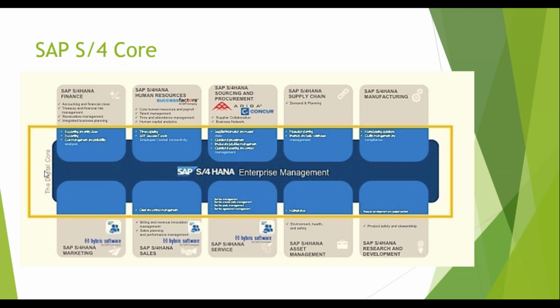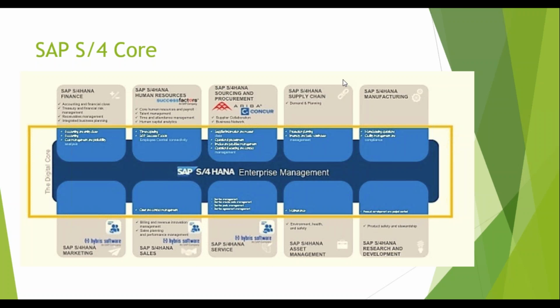So this complete picture, the core system plus these cloud-based offerings combinedly are called as SAP S4HANA system. So in some of the customers, you may find that they are only implementing SAP S4 core. In some of the other customers, you will find that SAP S4 core plus Ariba or SAP S4 core plus SuccessFactors. But you need to remember this system that we are going to use is called as SAP S4 core system. It is also called as a digital core system, which consists of the basic functionalities.